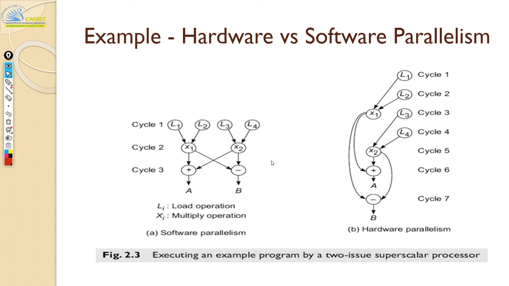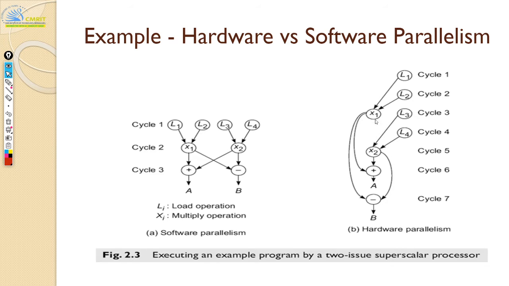Now if you come back, if we assumed a two issue processor, right? So what will happen? Your X1 will have to wait for both your L1 and L2, right? So in cycle 1 and cycle 2, you are getting these instructions, and X1 is going to execute in cycle 3.